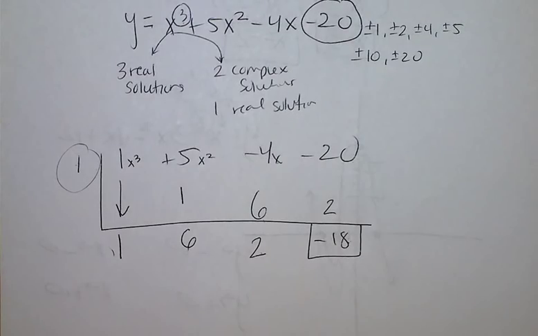With the help of your partner, you have 25 seconds to try negative 1. Begin.